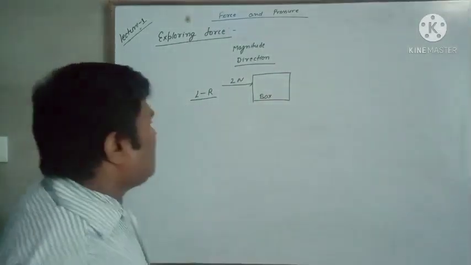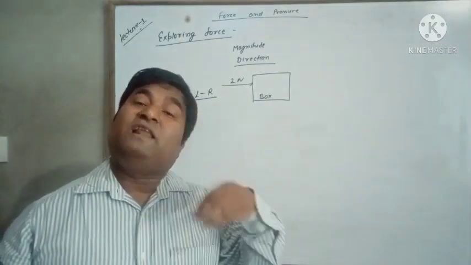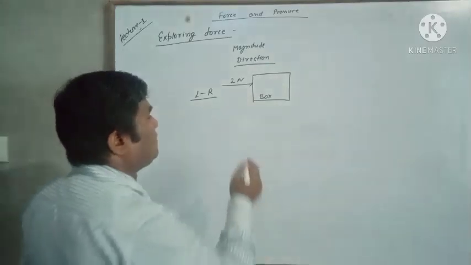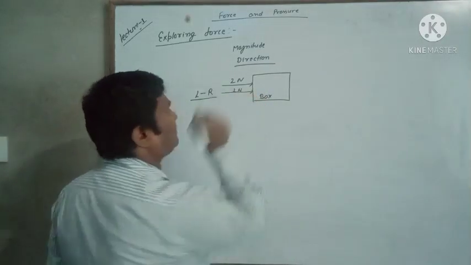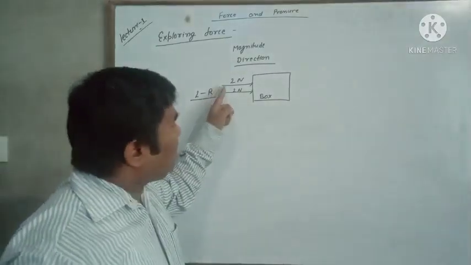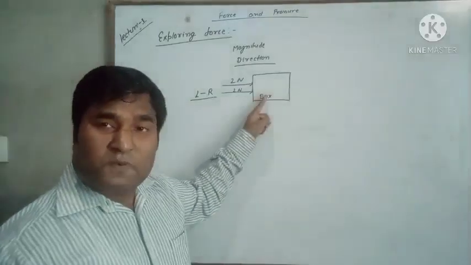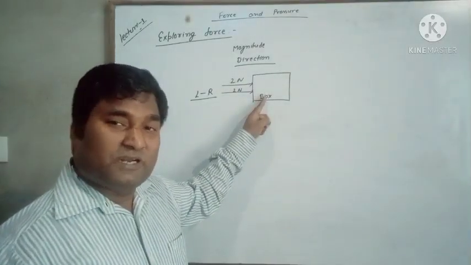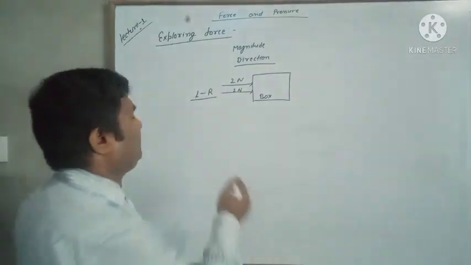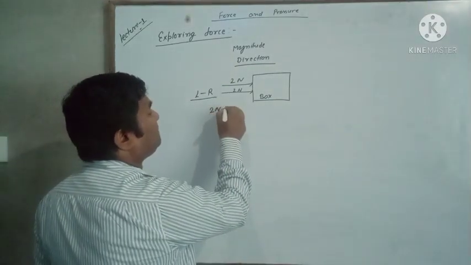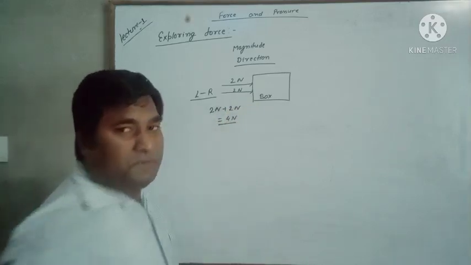Okay? Now, one of your friend came and he told that I will help you out. So, he is also applying on the box with 2 Newton. So, now you are also applying force with 2 Newton. He is also applying on the box with 2 Newton. So, the total force on this box will be 2 Newton plus 2 Newton is equal to 4 Newton.